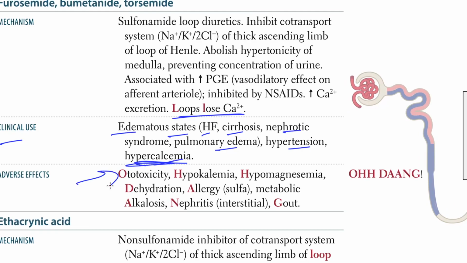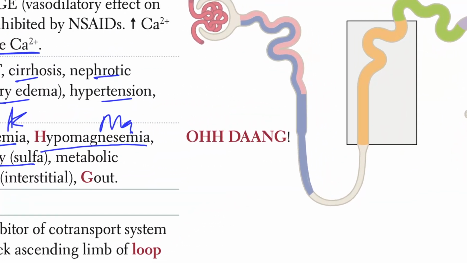Adverse effects are ototoxicity, hypokalemia, hypomagnesemia, since magnesium was going out and potassium was going out, dehydration, allergic reaction due to sulfa, metabolic alkalosis, nephritis interstitial, and gout.